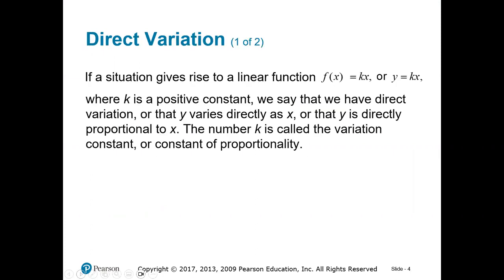If a situation gives rise to a linear function where f of x is equal to kx, or y is equal to kx, where k is a positive constant, we say that we have direct variation, or that y varies directly as x, or that y is directly proportional to x. The number k is called the variation constant, or constant of proportionality.